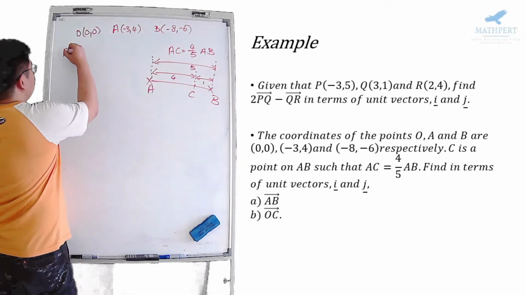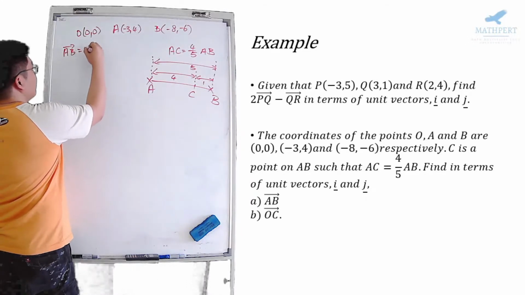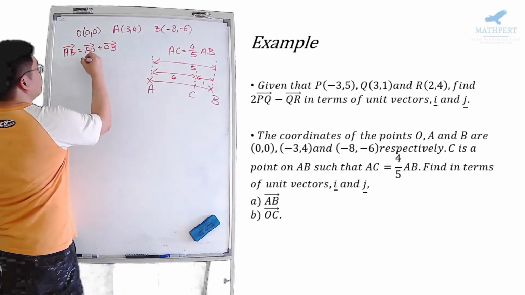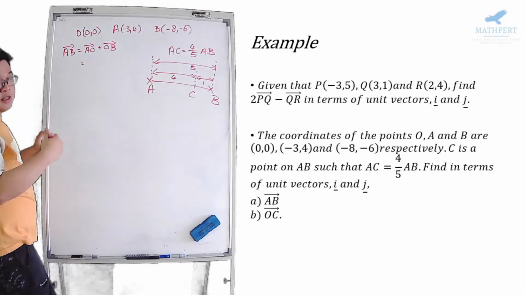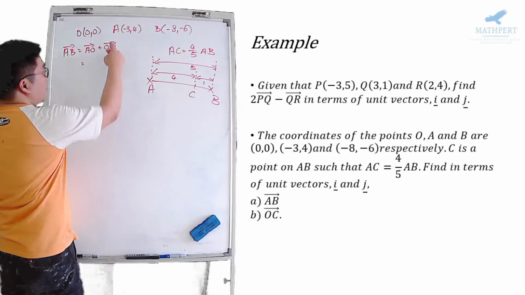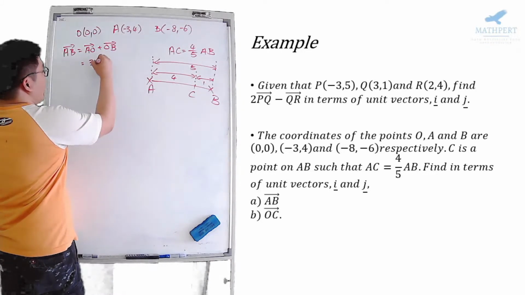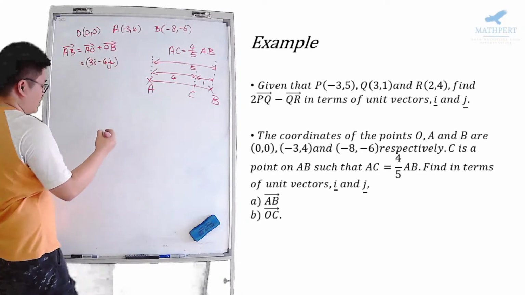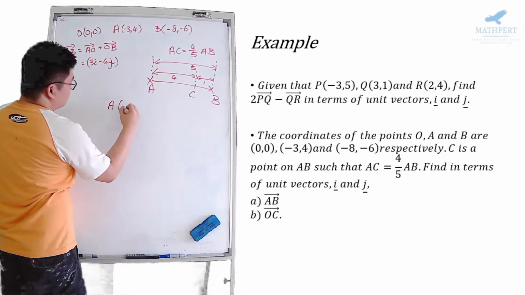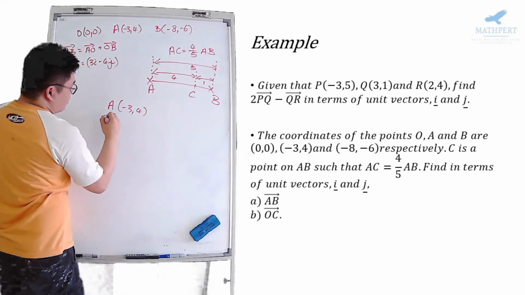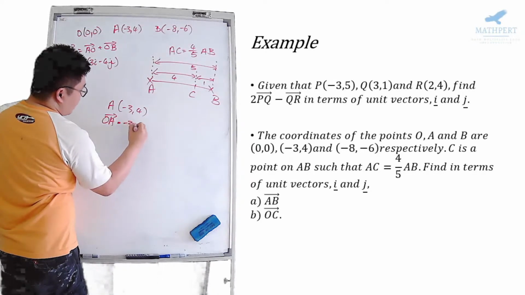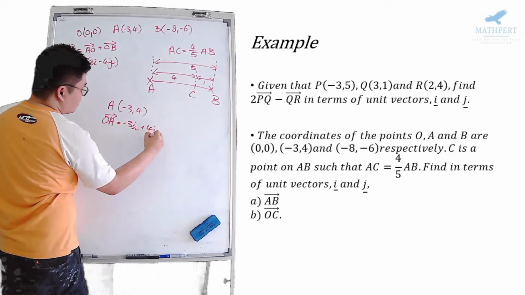AB is equal to AO plus OB. AO is equal to negative OA, so this will be 3i minus 4j. A is negative 3 and 4, so OA is equal to negative 3i plus 4j.